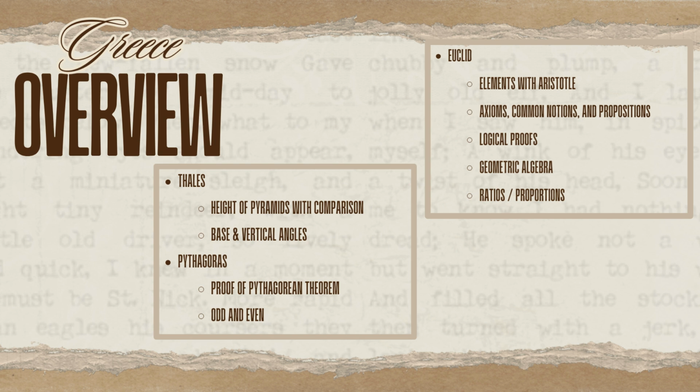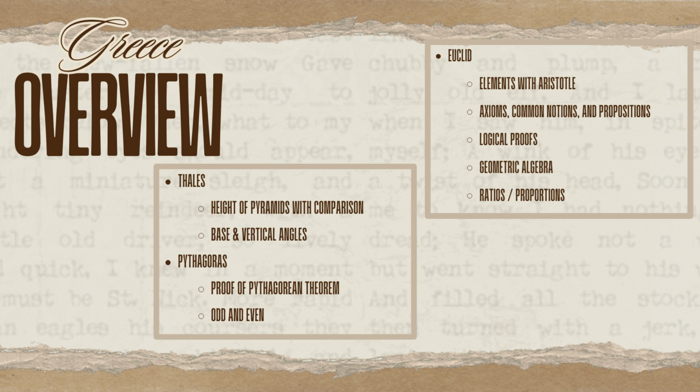So, for instance, Thales did the height of pyramids, but he used comparison with the shadow and different measures on the pyramid to create that. And then he also was the one that came up with base angles are congruent in an isosceles triangle, and vertical angles are congruent as well. And then we see Pythagoras.